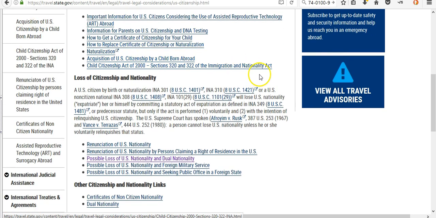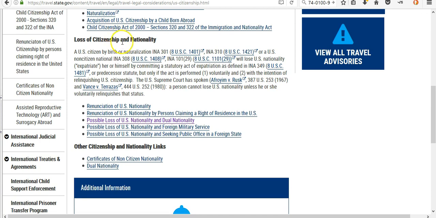We're going to skip those right there. Now we're going to go to loss of citizenship and nationality. A U.S. citizen, born or naturalized, all these codes, whatever. They say a U.S. citizen by birth or naturalization, and these codes define what that means. Whatever, we're not going to that though.